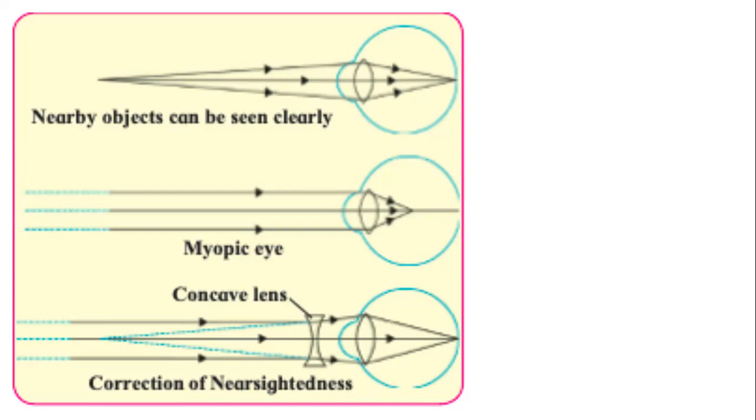Understand this. The problem is the lens is converging the parallel beams of light much before the retina, in front of the retina. We have to reduce the converging power of the lens. To reduce the converging power of the lens means to increase the diverging power. वो कैसे होगा? Concave lens, because concave lens is called the diverging lens. याद करो.